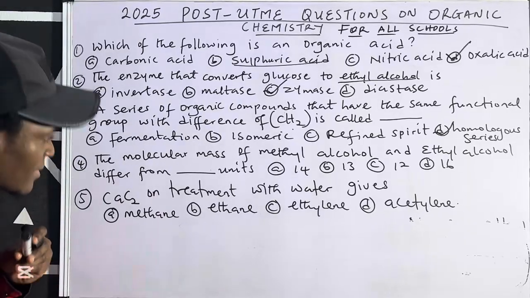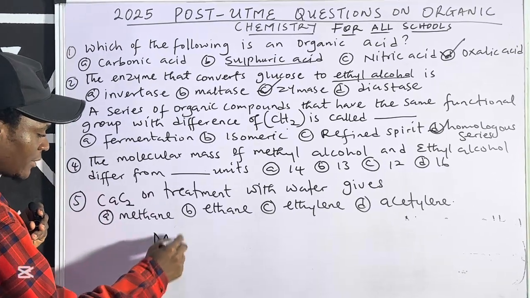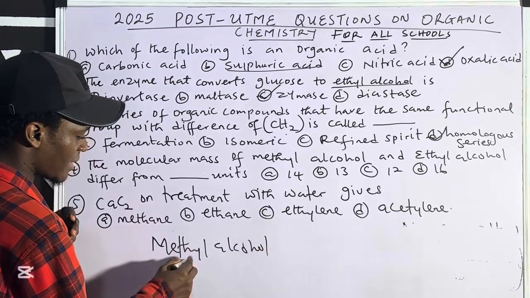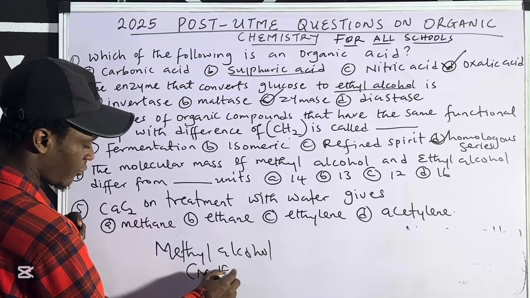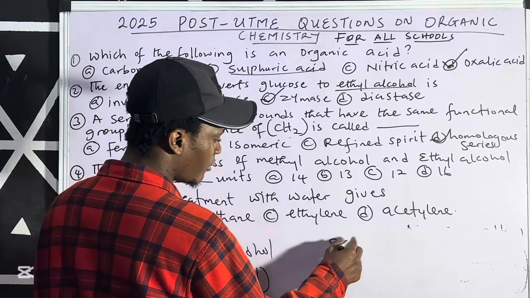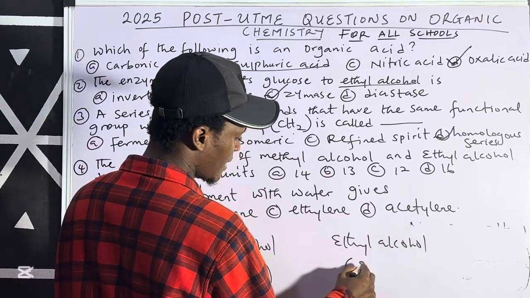The molecular mass of methyl alcohol. What's methyl alcohol? Methanol. Remember, methyl alcohol is also known as methanol from my explanation previously. Then ethyl alcohol is also known as what? Ethanol.